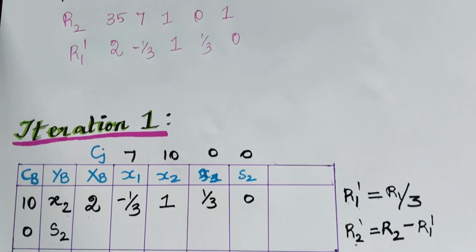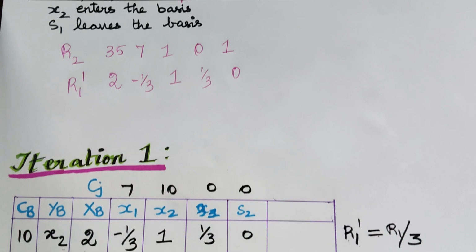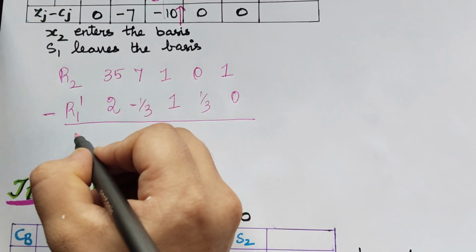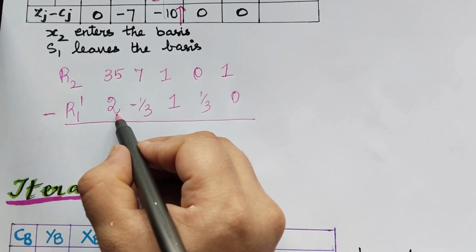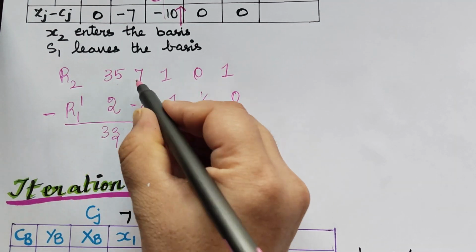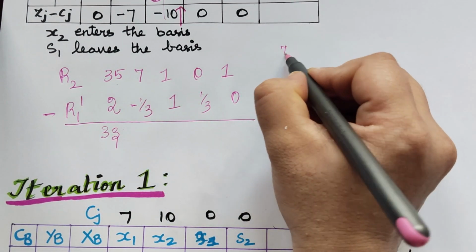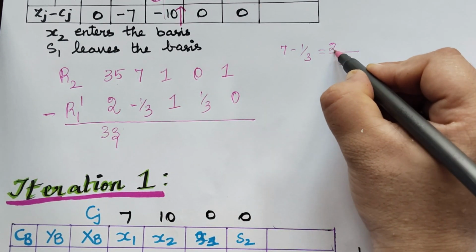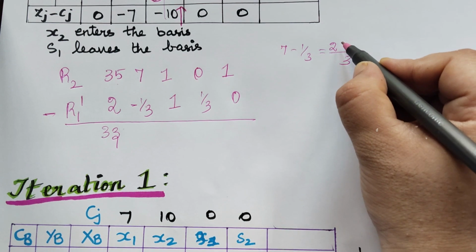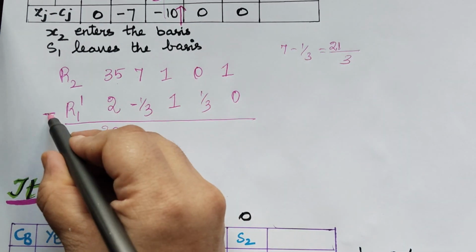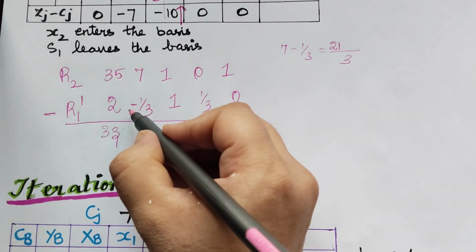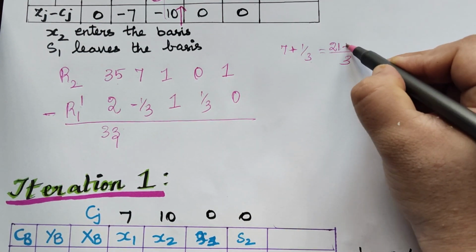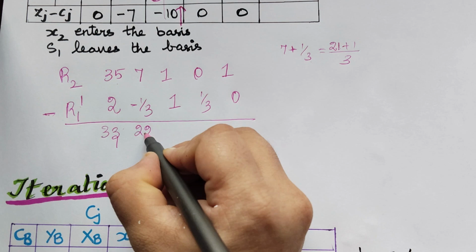The formula is actually R2 minus R1 dash. So subtract this. So R2 minus R1 dash we will do. So 35 minus 2, which is 33. Then 7 minus 1 by 3. So what is 7 minus 1 by 3? 3 is the LCM. 3 7 times is 21. And actually this is R2 minus R1 dash, so minus into minus will become plus. So 7 plus 1 by 3, so 21 plus 1, so it will be 22 by 3.